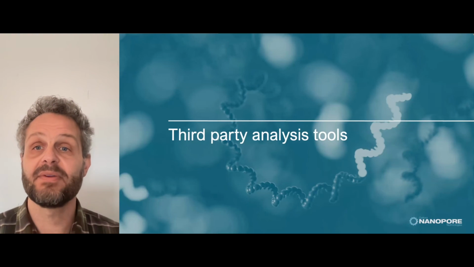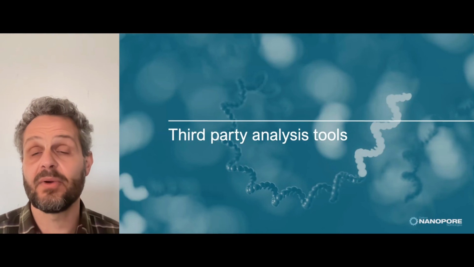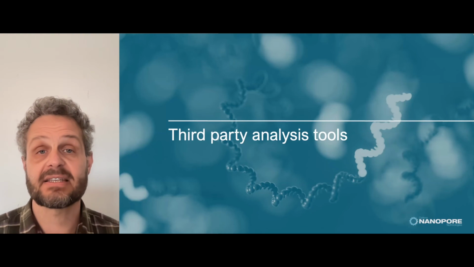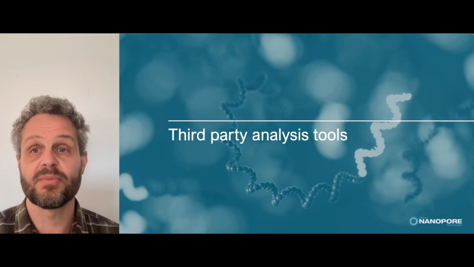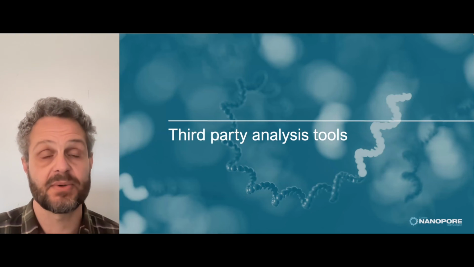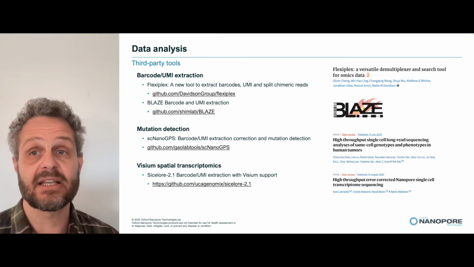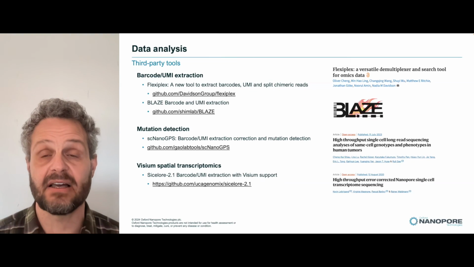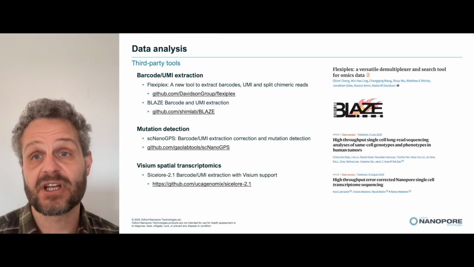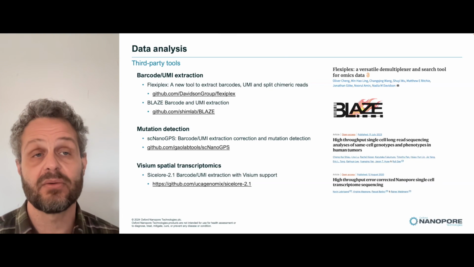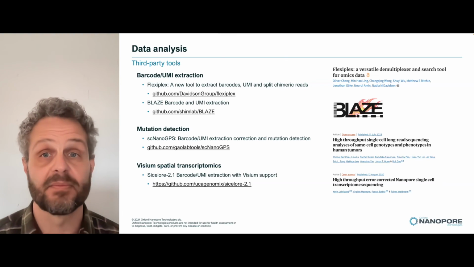So now we've taken a look at workflow single cell briefly. In the next slides, we'll just have a look at some third-party tools that can also be used to analyze your single cell data. The tools on this page work similarly to workflow single cell, and some have functionality that goes beyond what workflow single cell can currently do.